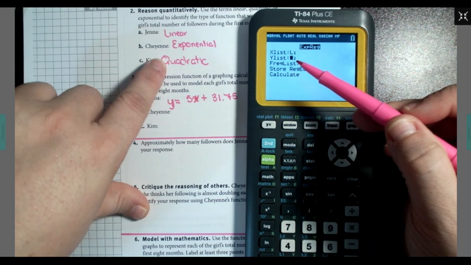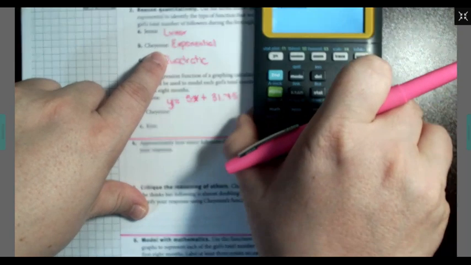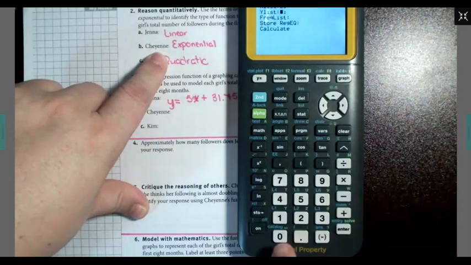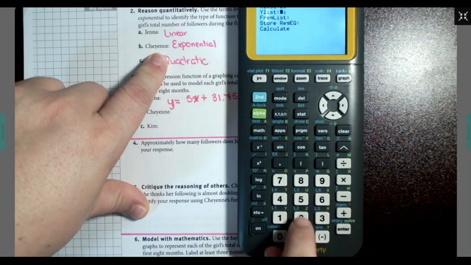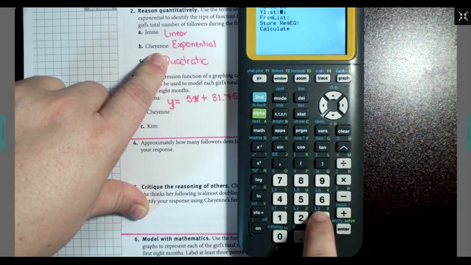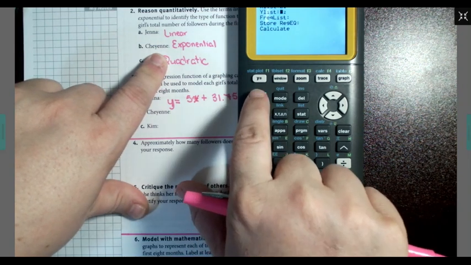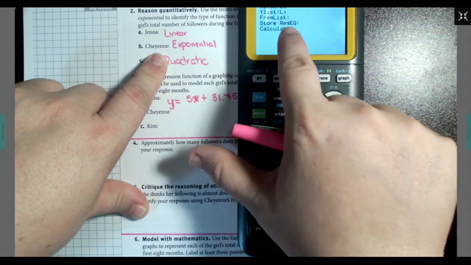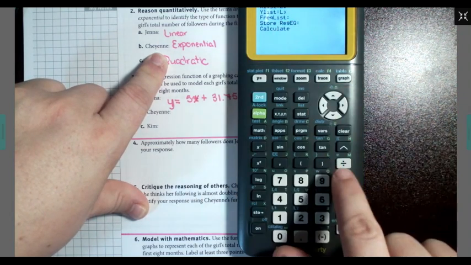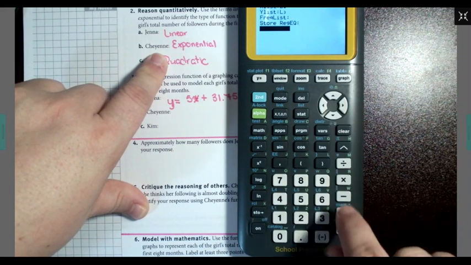I need to pull Cheyenne's data. So please watch what I do here. See the little L3 right above the number 3? And notice how it's a blue L3? So I need to press second 3. And notice it changed to L3 here. Now we're going to go to Calculate.